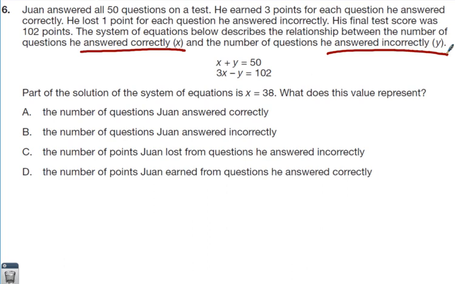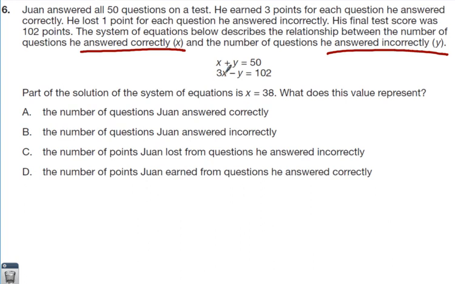That is probably going to be important. So it looks like there were 50 total questions. When we add the number of questions he answered correctly with the number of questions he answered incorrectly, the total is 50. And if you read this, you see that he got 102 total points.